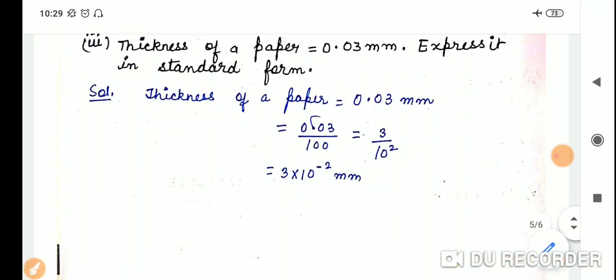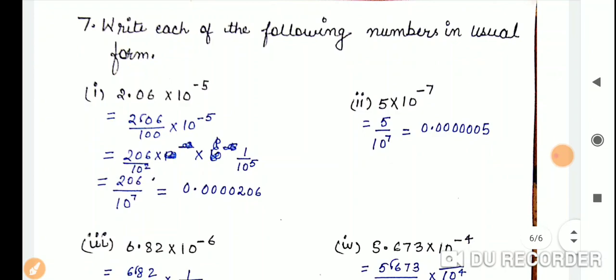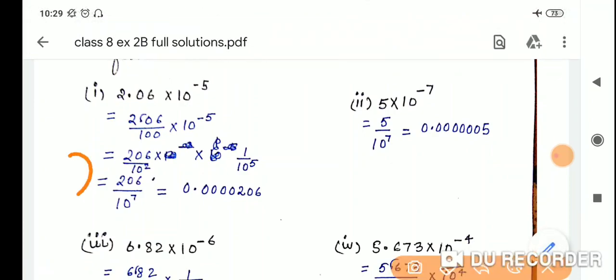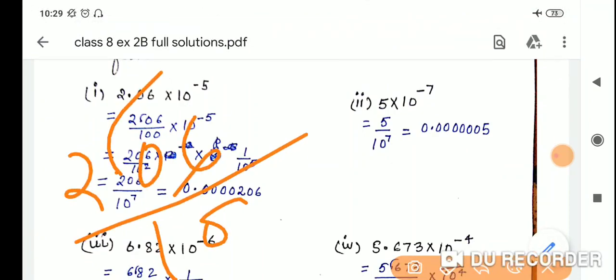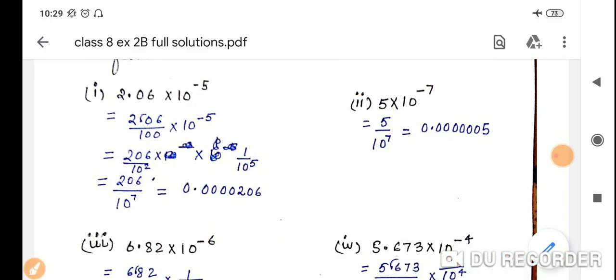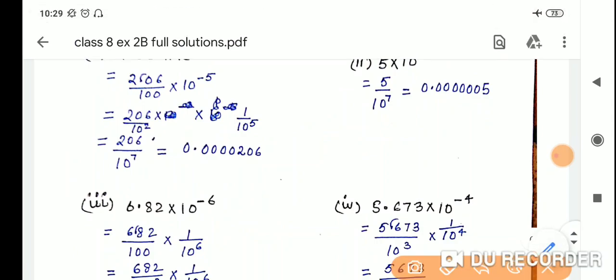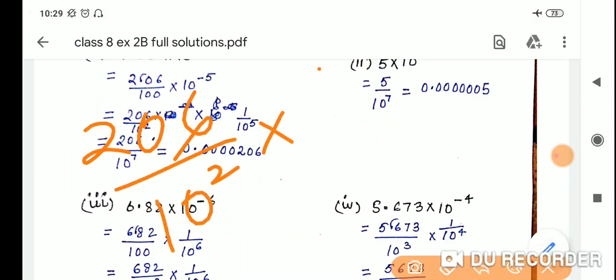Now continuing with the 7th question, first part is 2.06 into 10 raised to the power minus 5. So let's solve it. 2.06, 2 decimal points, so 206 by 10 raised to the power 2 into 1 by 10 raised to the power 5.